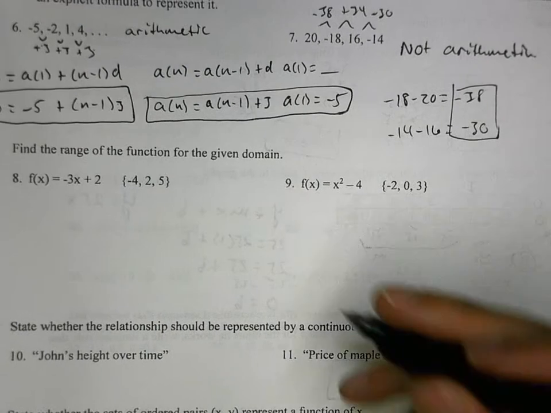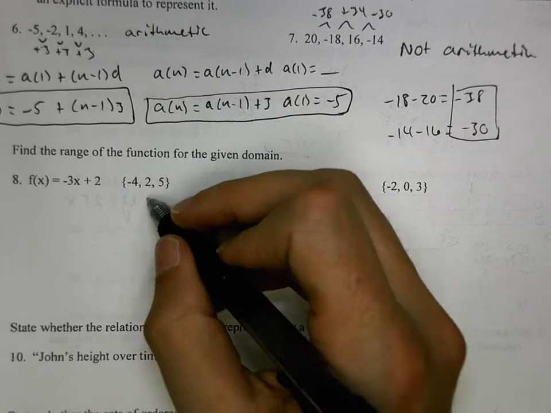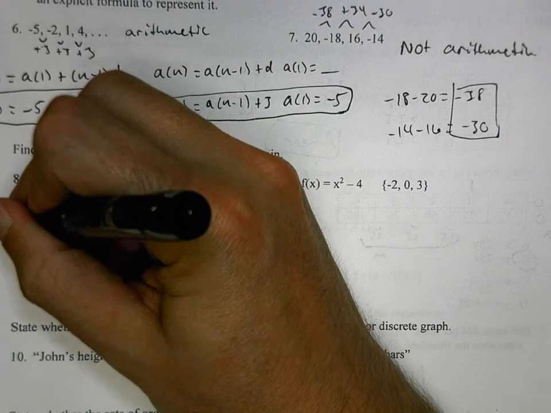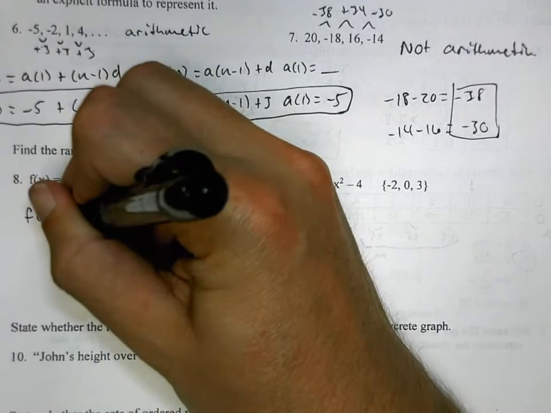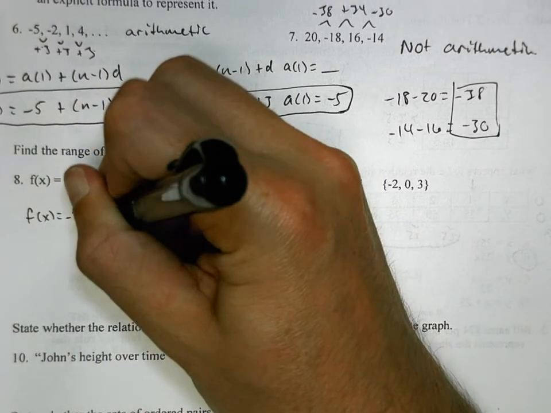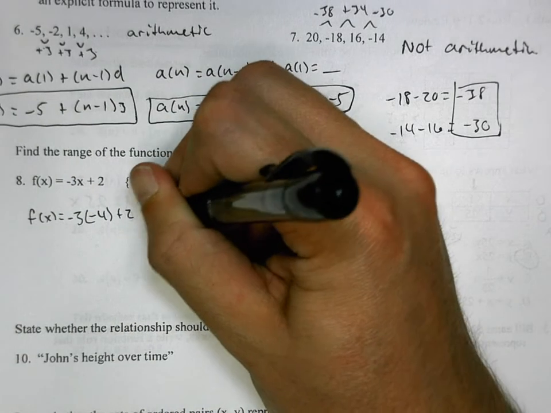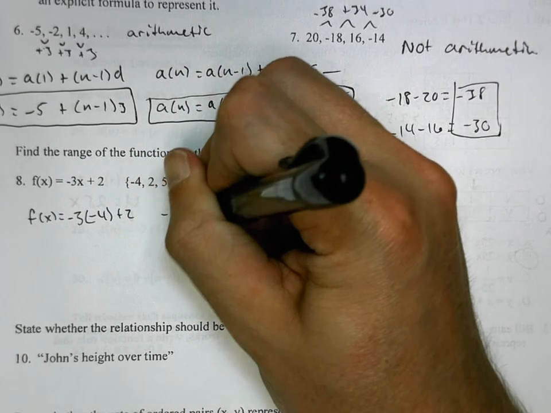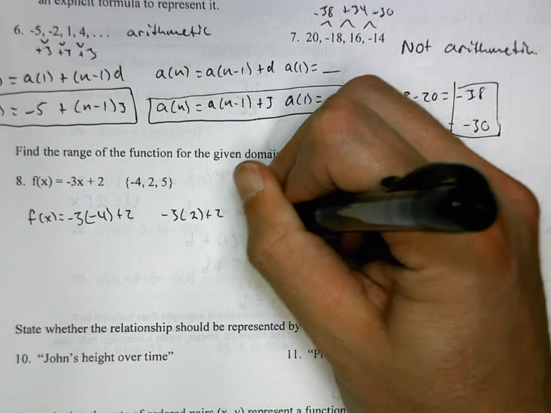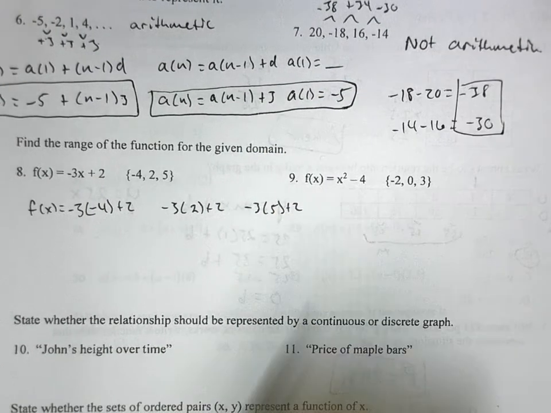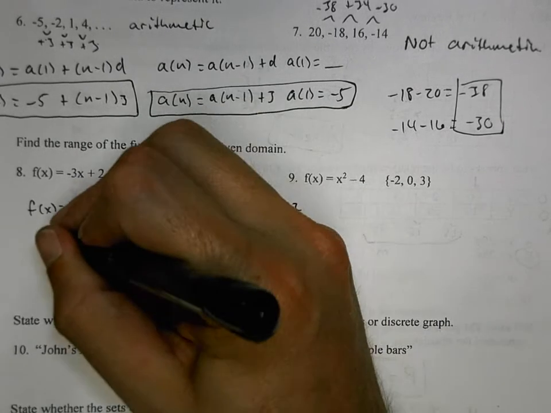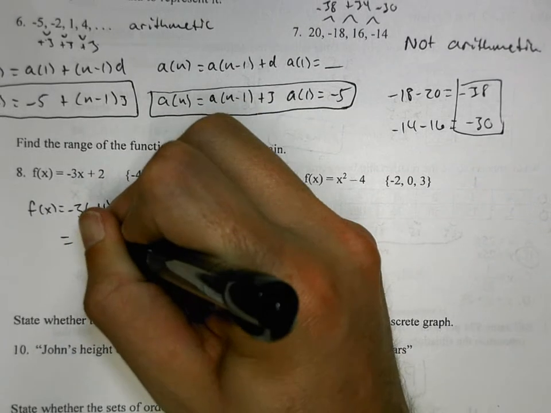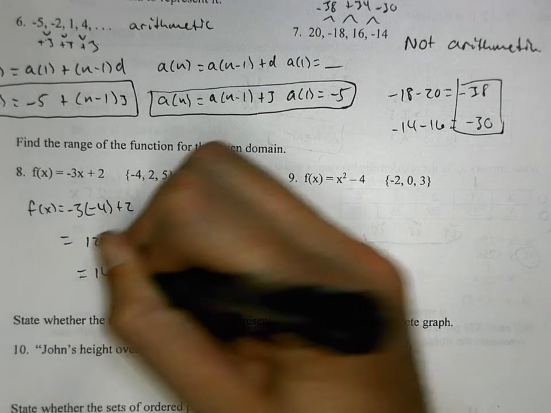For 8, just like the one that we did beforehand, plug the numbers into the function. So f of x equals negative 3 times negative 4 plus 2, negative 3 times 2 plus 2, negative 3 times 5 plus 2. We're just plugging the numbers in for the function wherever we see x. So negative 3 times negative 4 is 12, and plus 2 is 14.